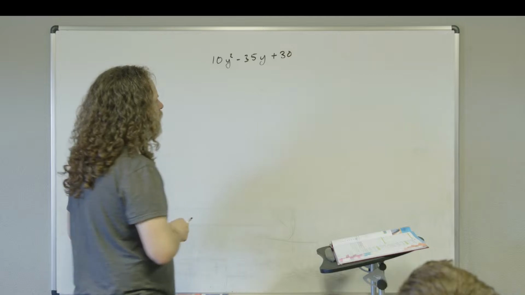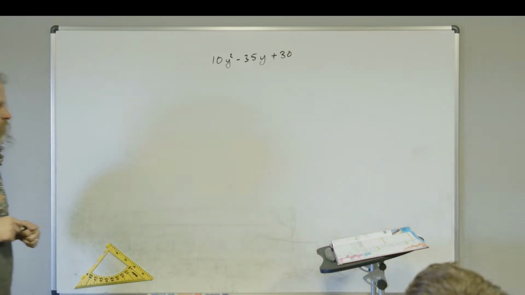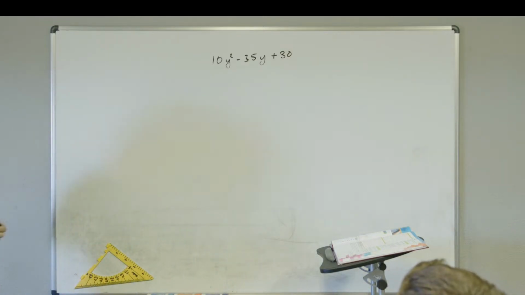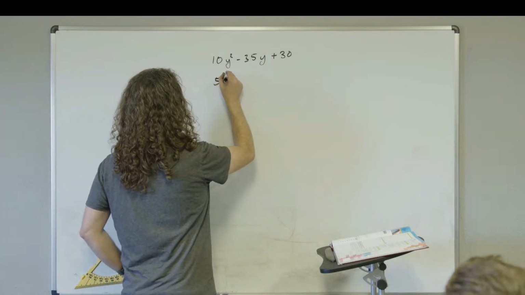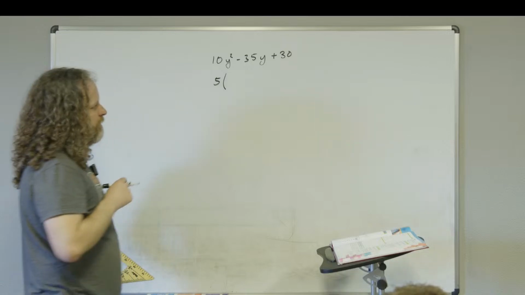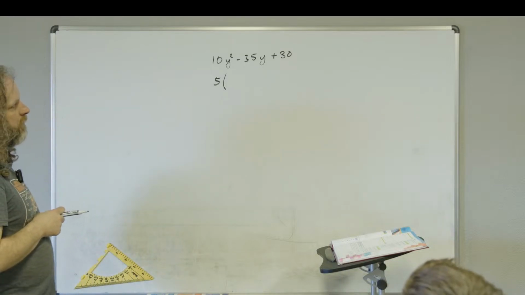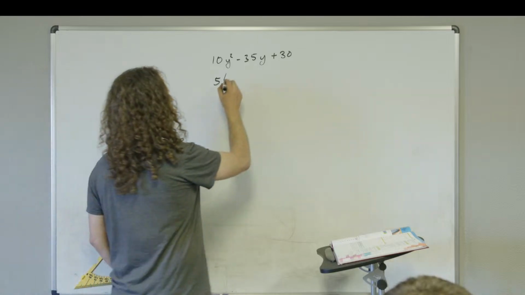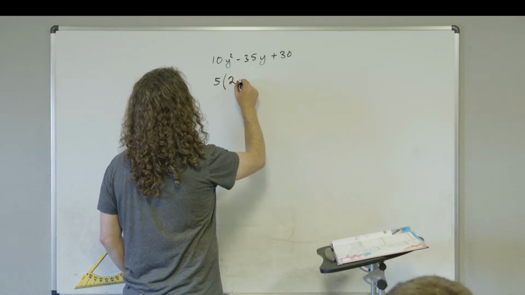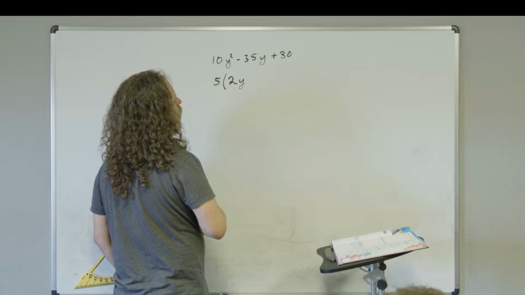All right, what could we do on this problem? Take 5 out, yes. We're going to factor out a 5. I'm going to take a 5 out of the first one, what's left? You're dividing. Yeah, 2y squared. Then 6.